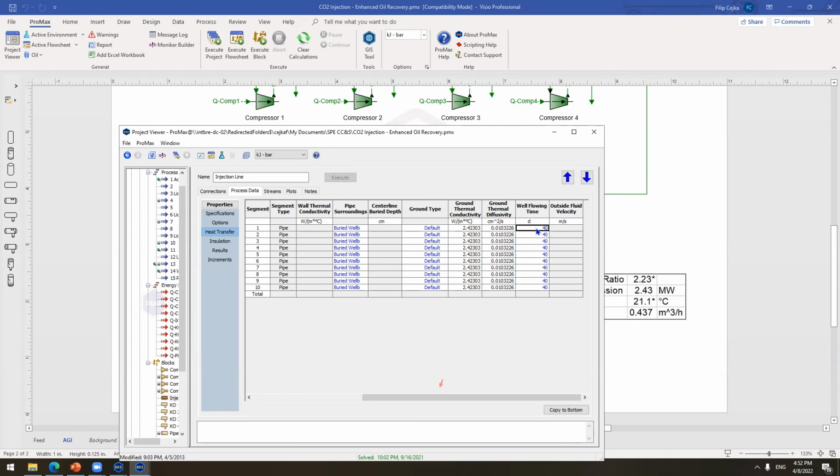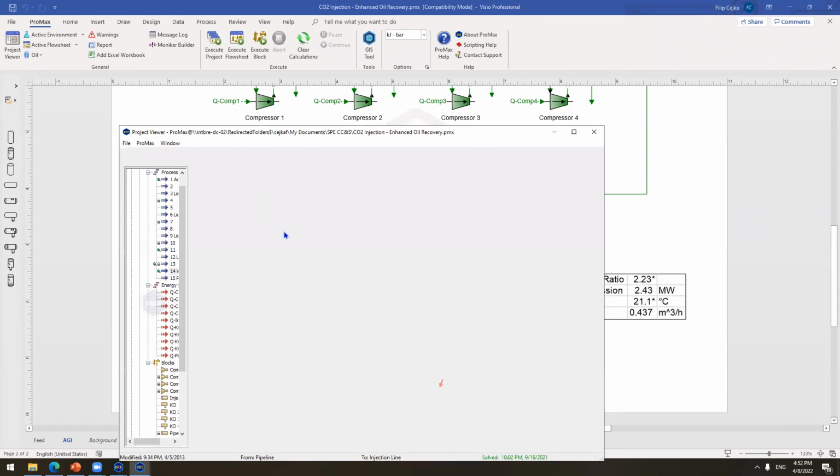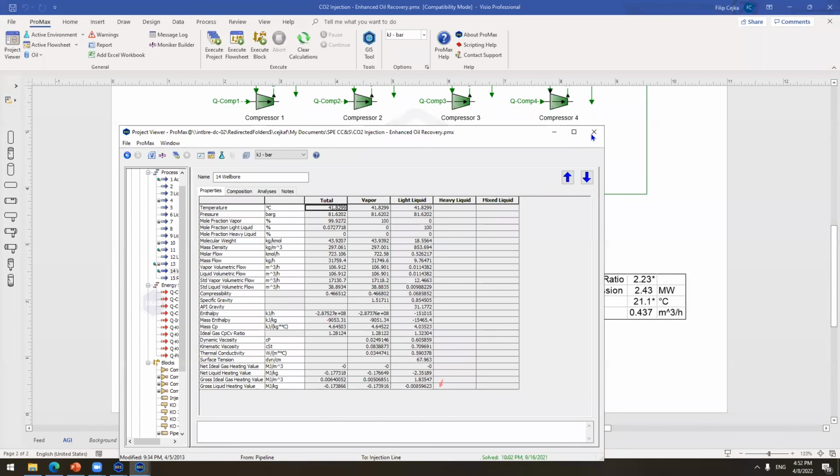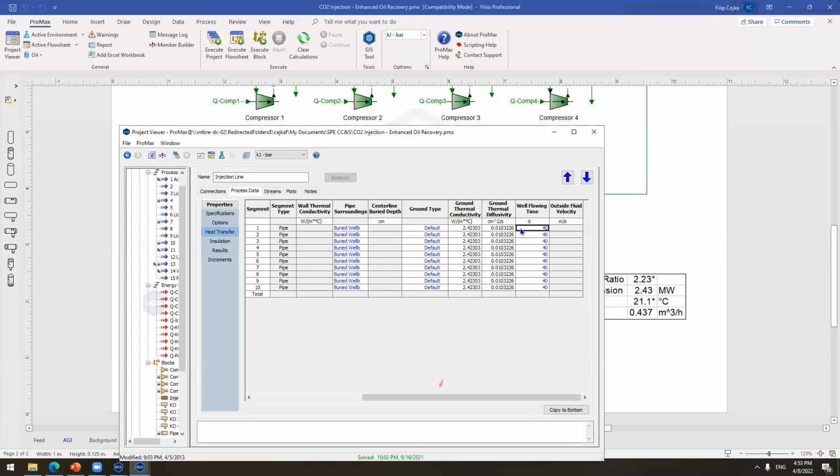Let's look at this one. You can see the temperature in here is 41 degrees Celsius, but once it's flowing for several days, the surroundings around it are going to heat up, and therefore the well flowing time is necessary in here. So we have 40 days.